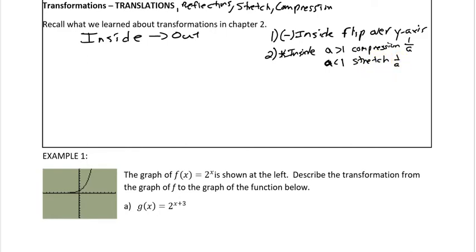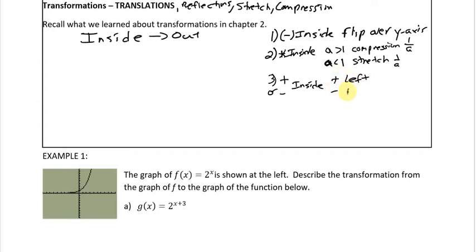And 1 over a in this case will be greater than 1. Then we work to adding or subtracting inside. If it's positive, it moves to the left. If it's negative, it moves to the right.